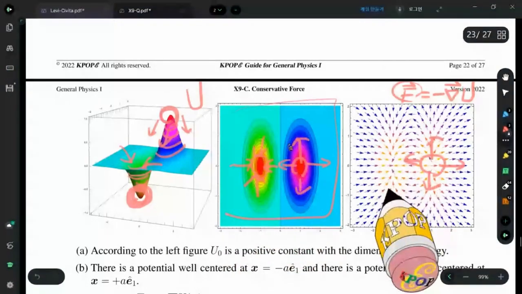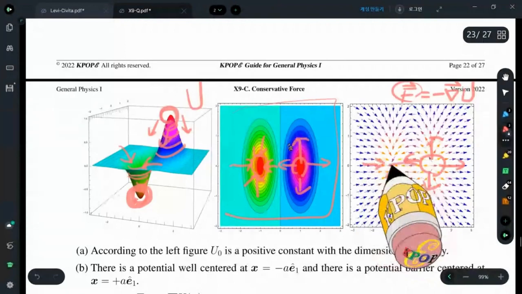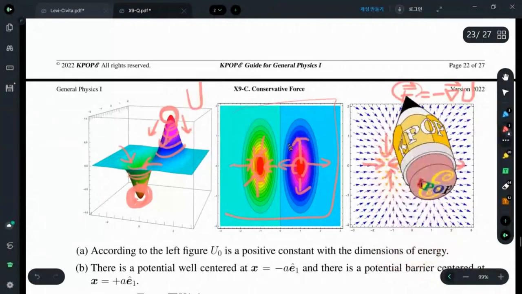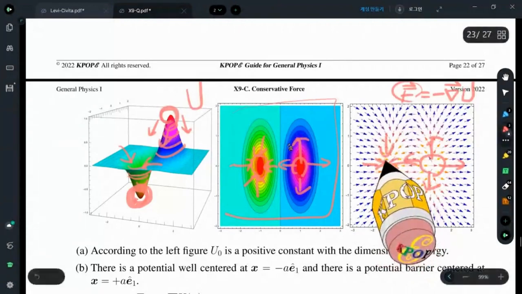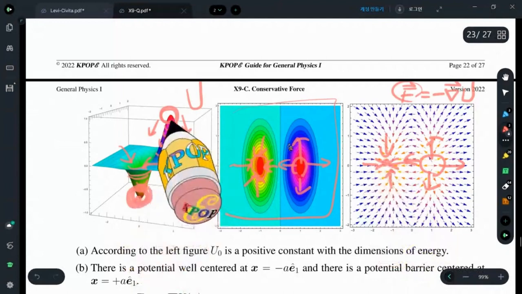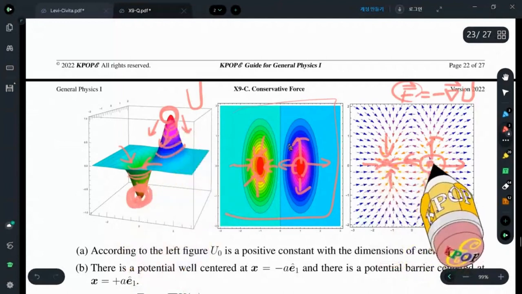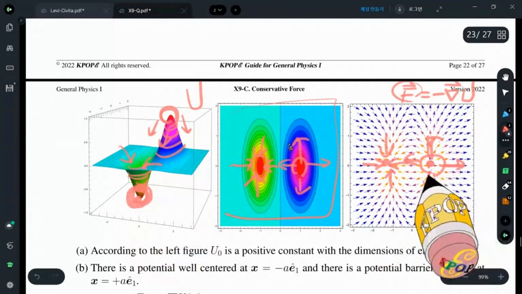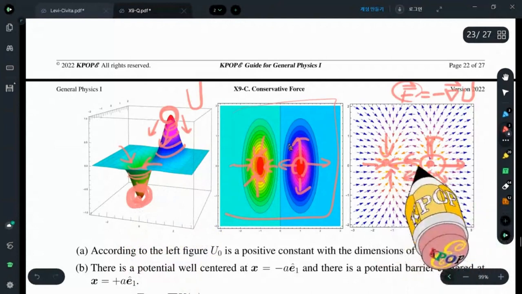These arrows show that this conservative force is toward this center, and here it diverges from this point to somewhere else around.